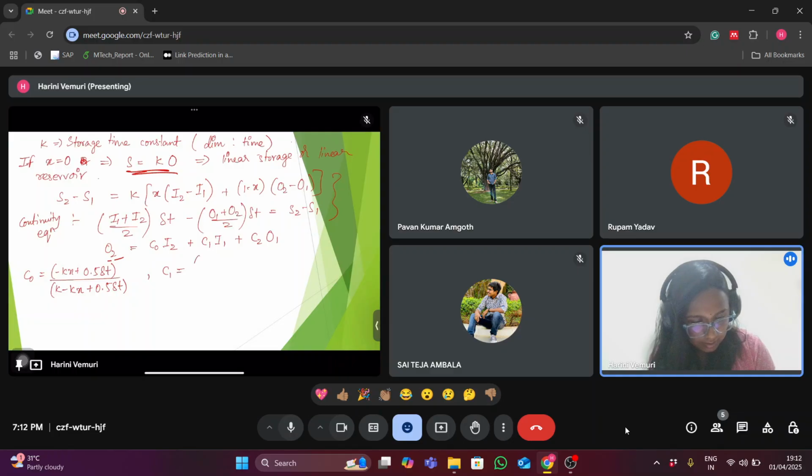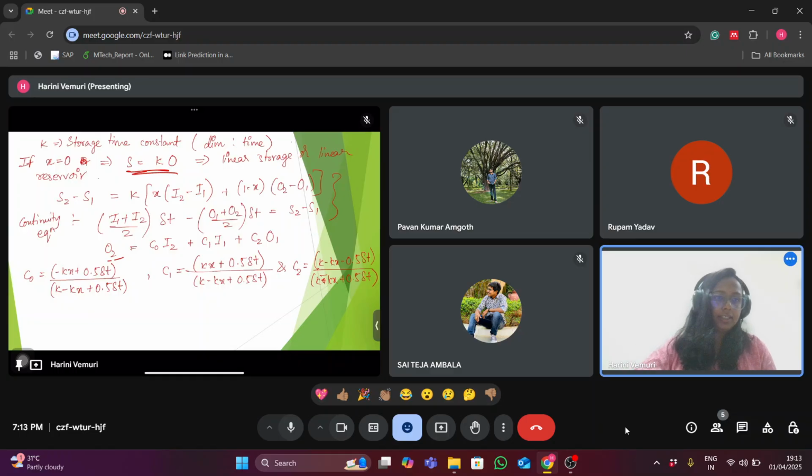Next, C1 is kx plus 0.5 delta t by k minus kx plus 0.5 delta t, and C2 is equal to k minus kx minus 0.5 delta t by k minus kx plus 0.5 delta t.